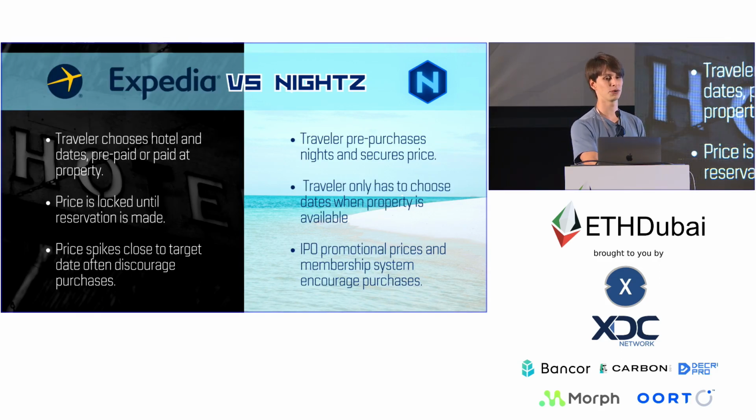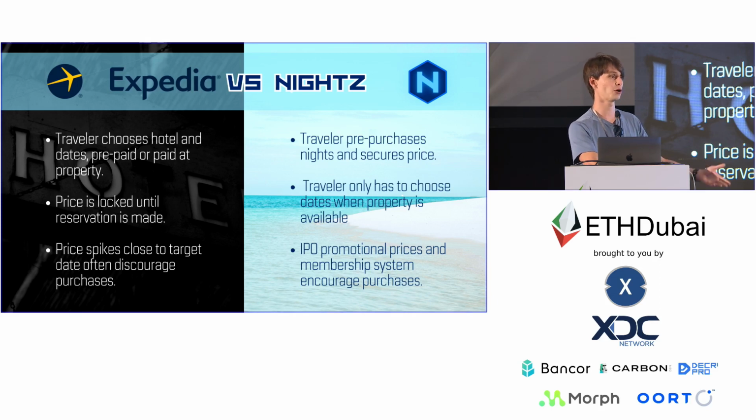Expedia versus Nights. Expedia: the traveler chooses the hotel and dates and has to lock in the price in that moment and lock in the dates. The price is locked until the reservation is made, and price spikes happen when the reservation is made close to the date. In Nights, the traveler can pre-purchase nights and secure the price.